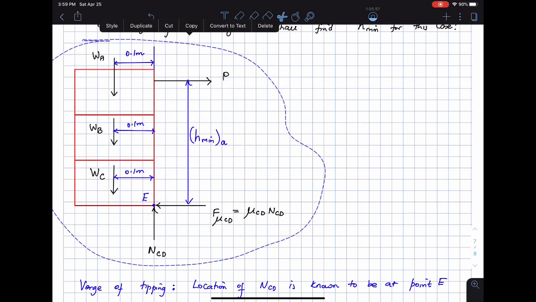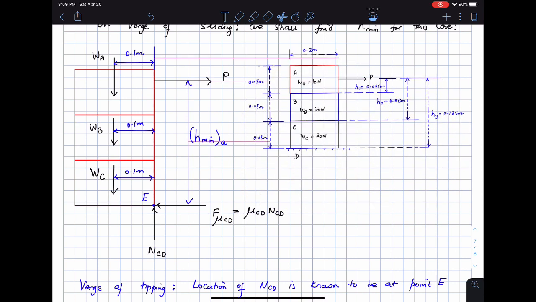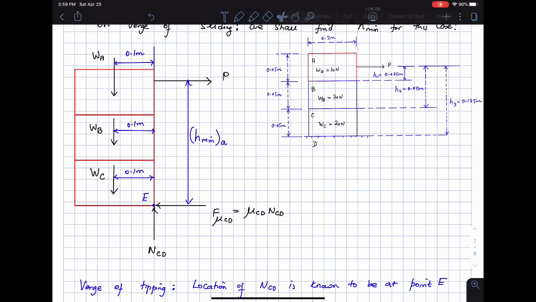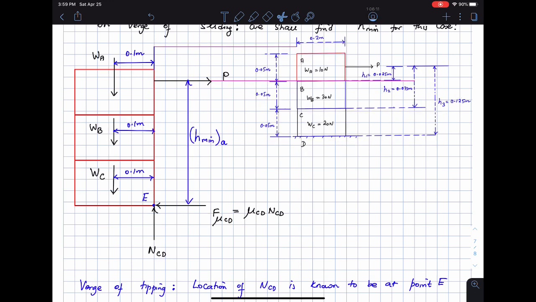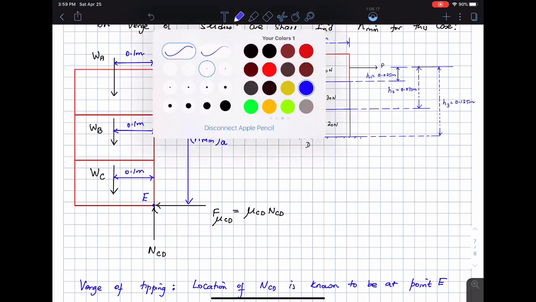I moved it here, and my hope is I can show you this free body diagram as well.